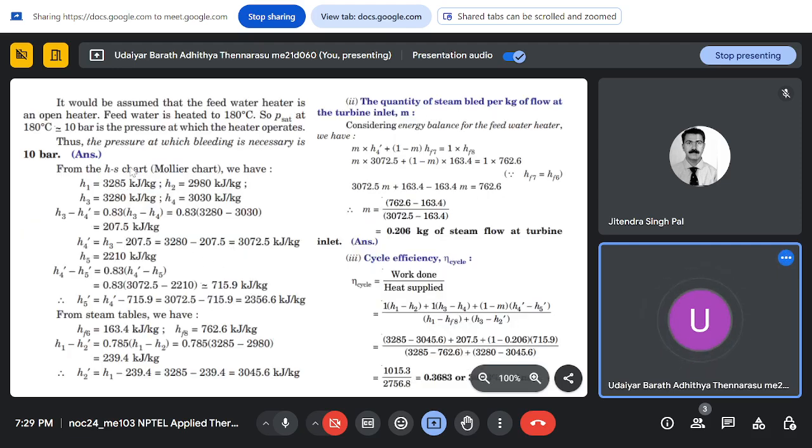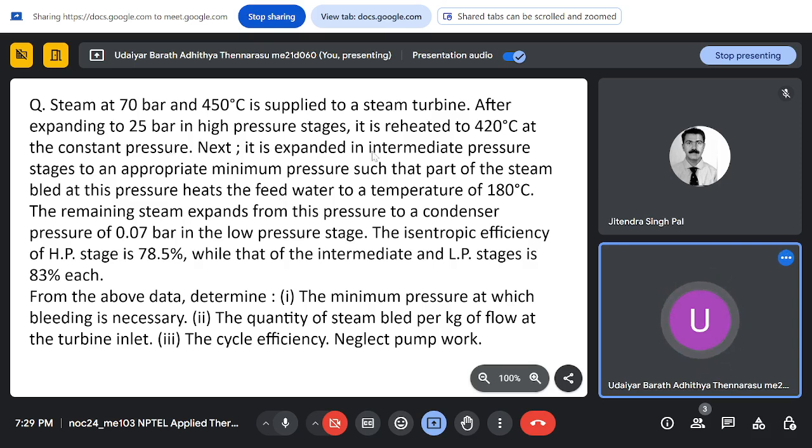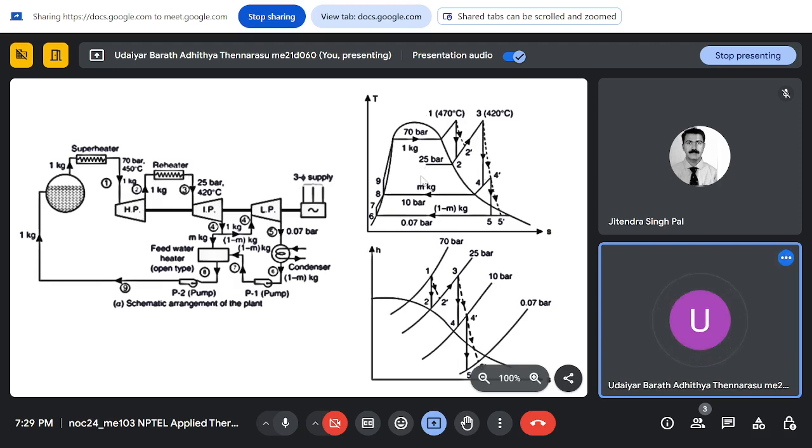Now we need to estimate the enthalpies at each of the points. H1 is known, the inlet condition, which is 470 degrees Celsius and 70 bar, and then they have given that the second stage is expanding to 25 bar. So for the second intermediate pressure we know 25 bar and 420 degrees.